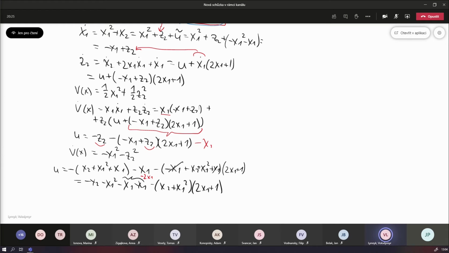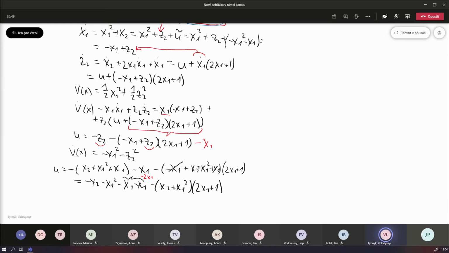Okay, now we try to solve another example.